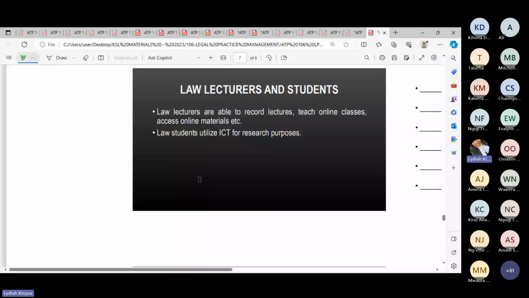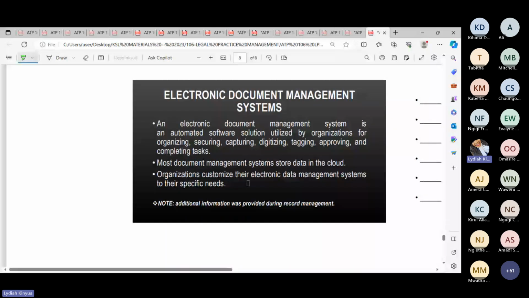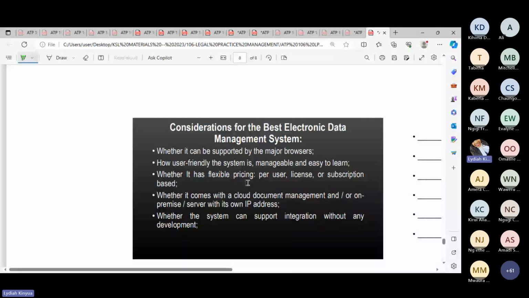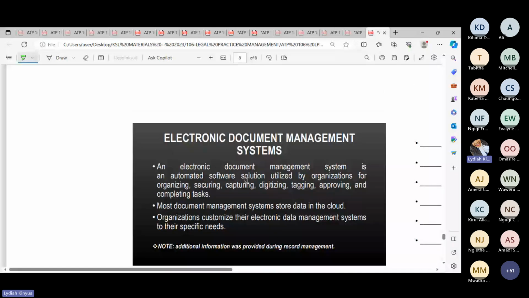So the question was ICT application in office management. You know, that was the question. ICT application in office management. So your answers would have been word processing. I know they're not difficult things, but surely, me personally, I don't know whether I would have known.